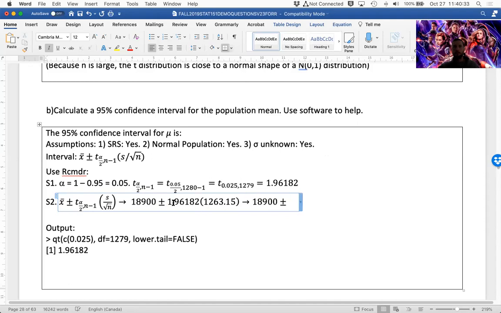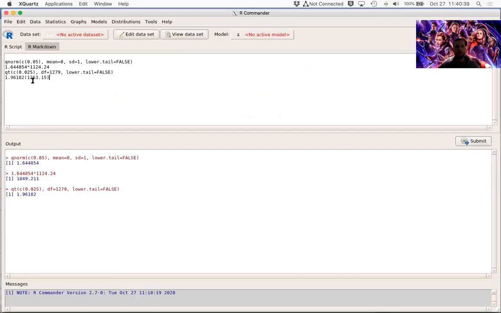And then we're going to multiply these two values together here. So if we go to Rcmdr, we will have the following. Click submit. So 2478.03.